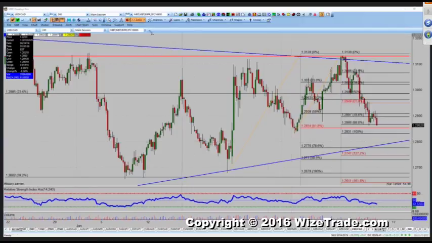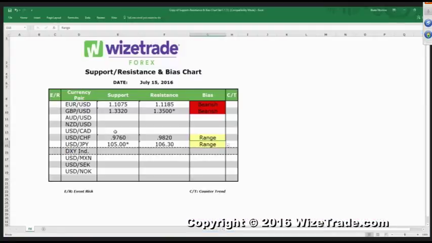Personally, I think what we could see is a move below this 128.30 and a move down to 128, stopping out every long. It'll look like this. So I'd be willing to take a shot at it at 128, but I'm going to write down support at 128.30.